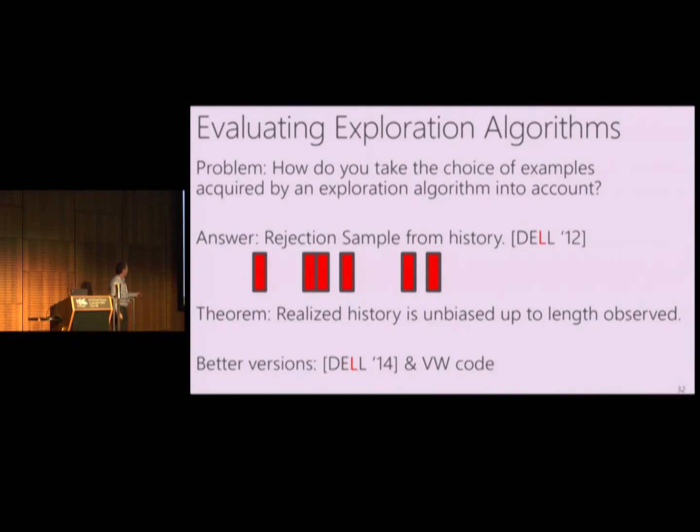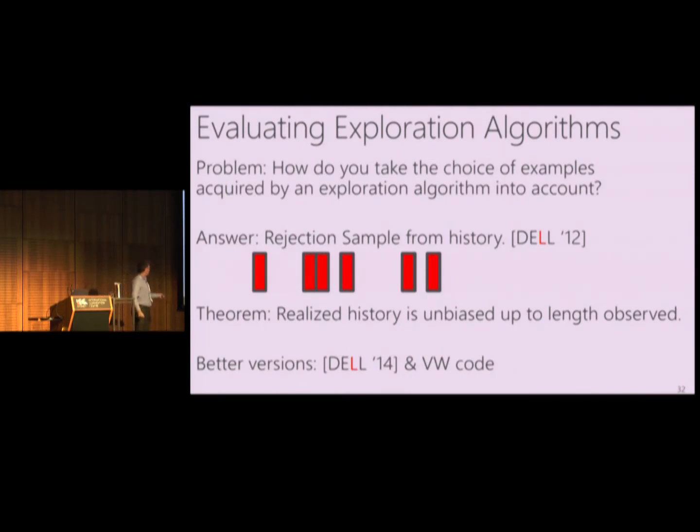As a theorem, you can prove that the realized history is unbiased up to the length that you observed. So if you have a stationary world, which often you don't, then this process will produce a policy which is typical of what would happen if you trained on 1, 2, 3, 4, 5, 6 samples.